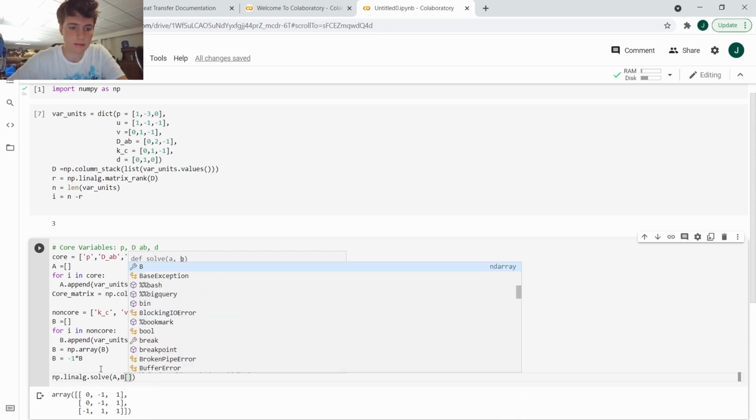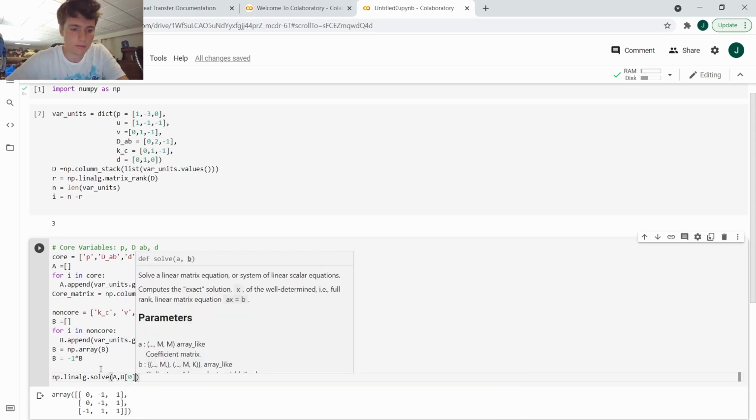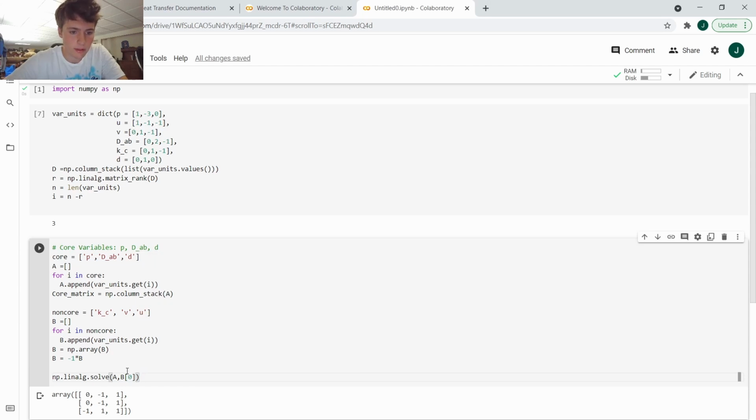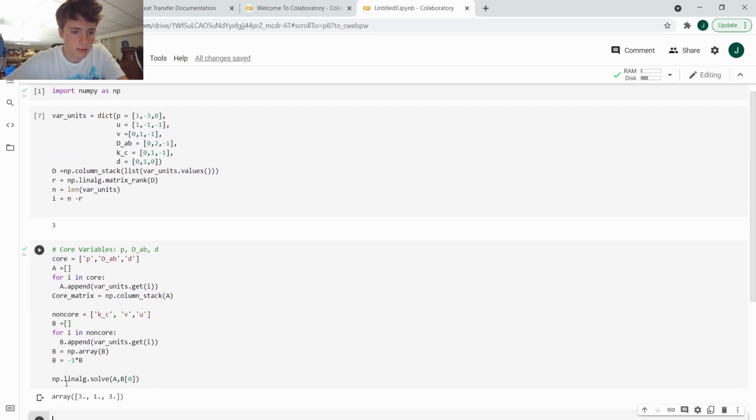In this case, we want the first one, and we'll see what this returns. This gives us our coefficients for the exponents for our first dimensionless variable. So 3, 1, and 3.